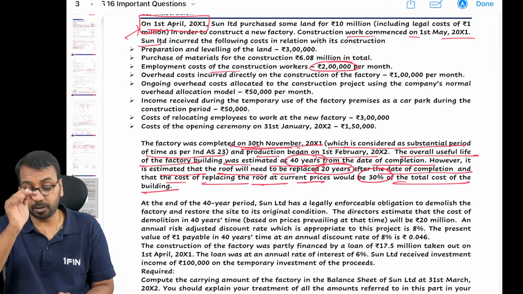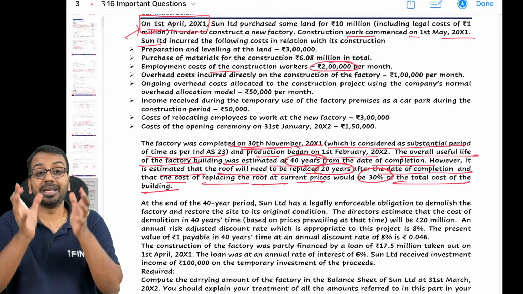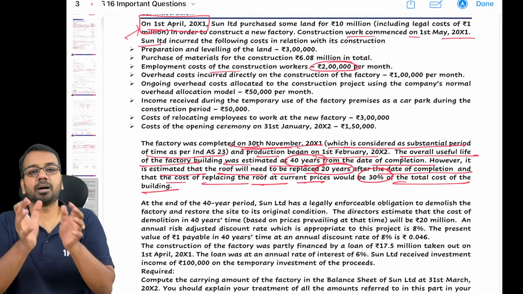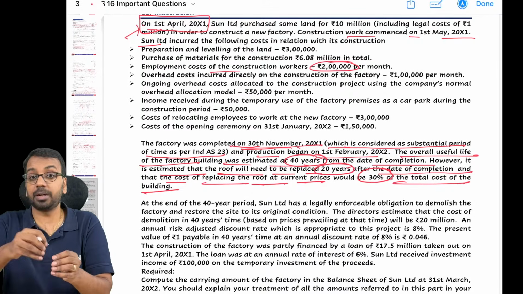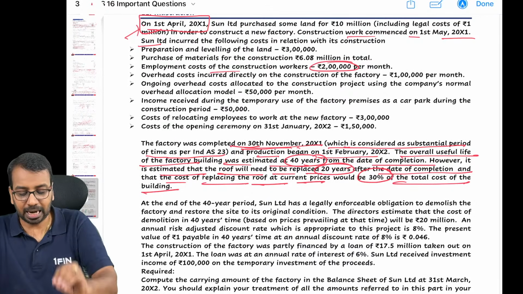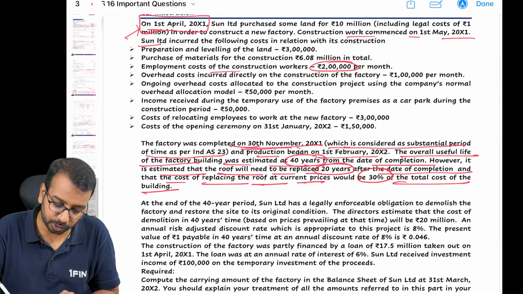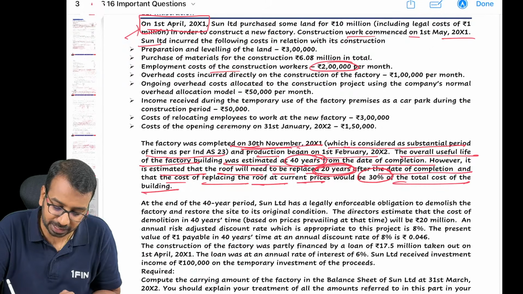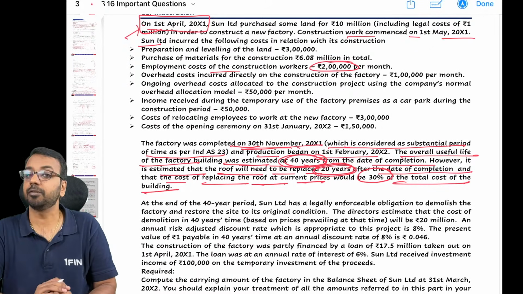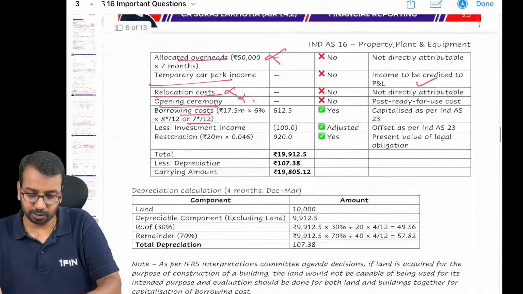Now here, one very important thing: there is a land component, there is a building component. In the building component, we have the roof component separately and the other component separately. So the roof we will depreciate over a period of 20 years, and the remaining part of the factory building we will depreciate over a period of 40 years. Okay, so that's how we will do the split.